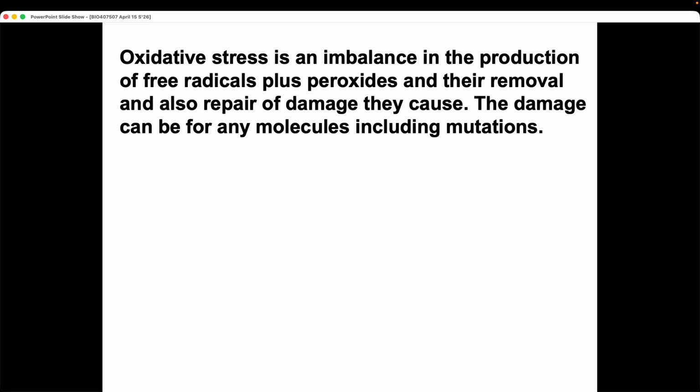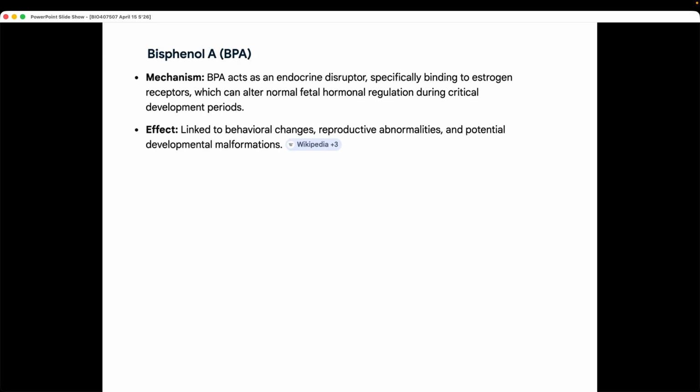So oxidative stress is one key event on the pathway from what got this started to how the phenotype is going to be affected. Oxidative stress is a common mechanism along that pathway of events that take place.